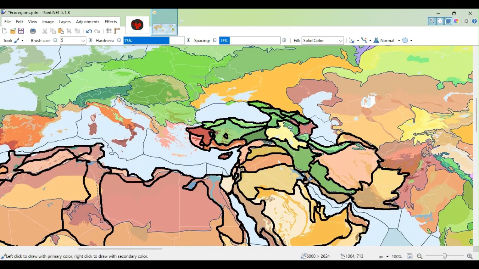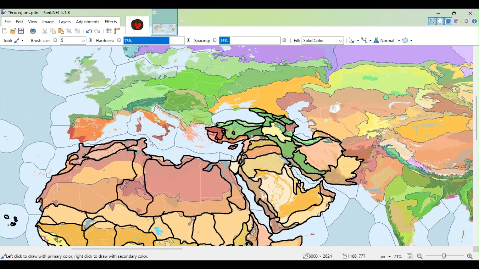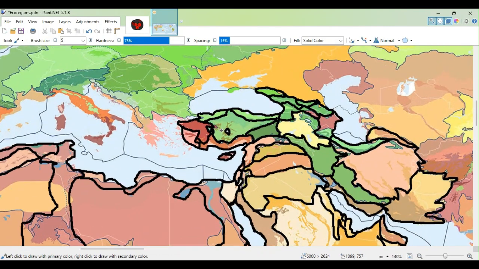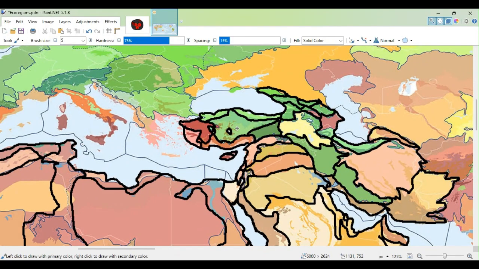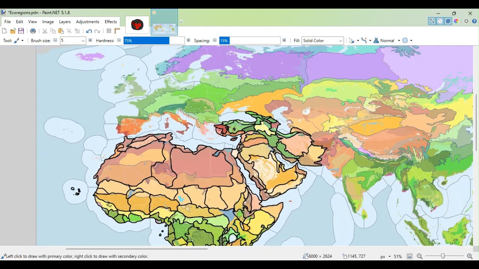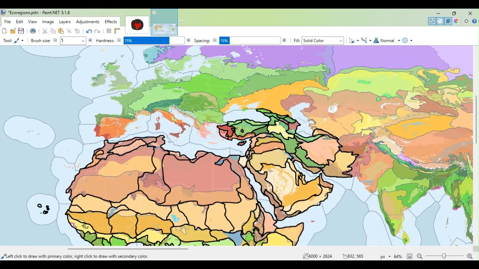And dividing it into 6 countries or 7 is probably not what I would do if I had a bit more of a choice to not do this. But since one of our main bases is ecoregions, we're going to be drawing it by ecoregions.